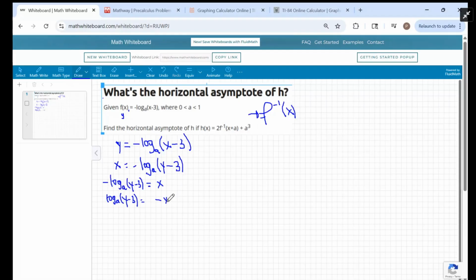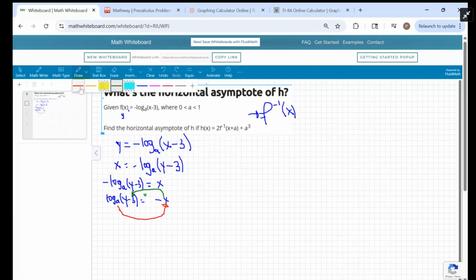And so rewriting it starting with the log helps us convert it in a visually easier way. And why do I say that? To convert from log to exponential, you always start with the base. So the base, you raise it to whatever is across the equal sign, and that will be equal to whatever you're taking the log of. You're taking the log of y minus 3. So let's put that together.